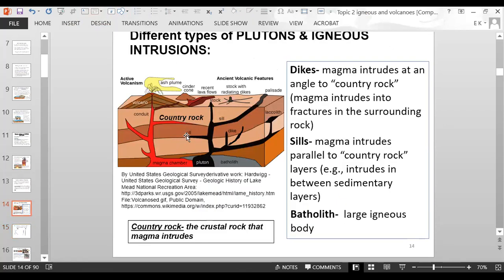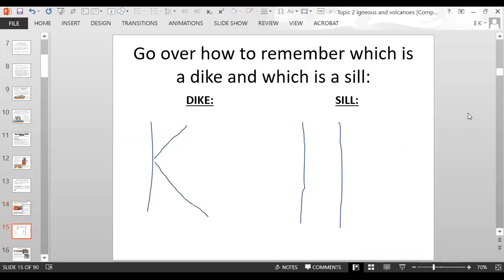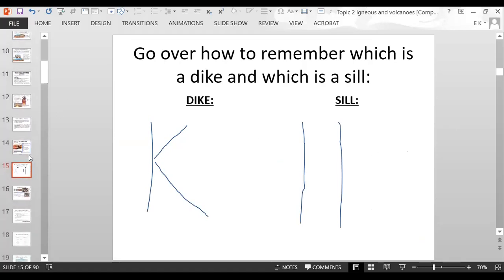And a sill is parallel to the country rock. Now, you don't have to use this as a way of remembering the two, but if it helps you, then good. So it's just a visual mnemonic way of remembering the difference.